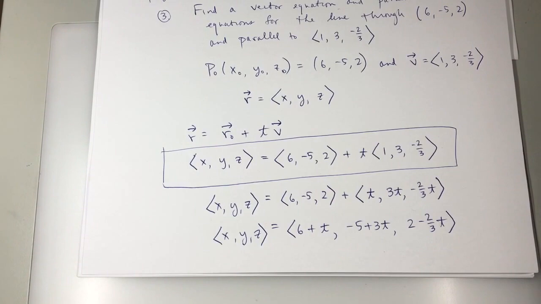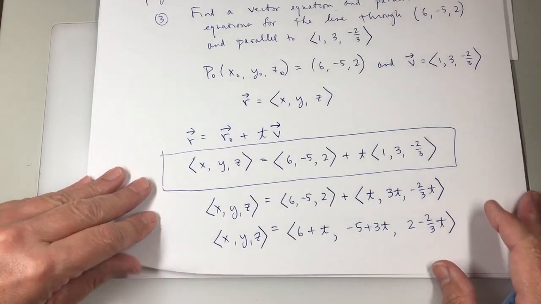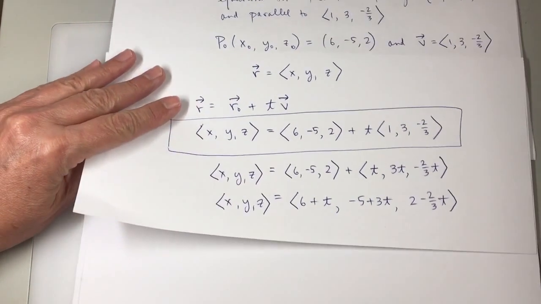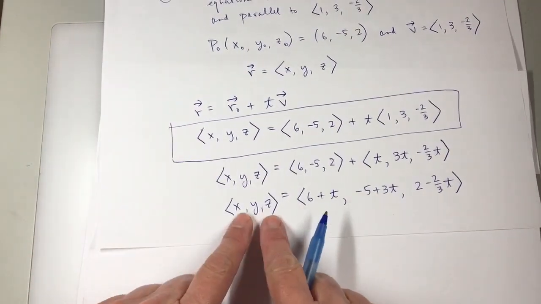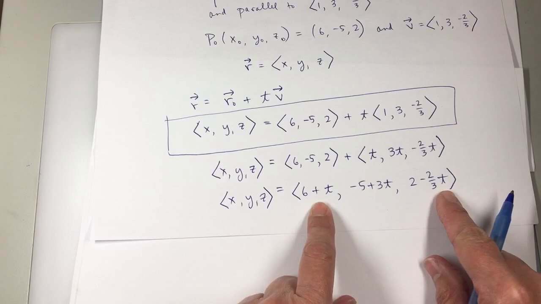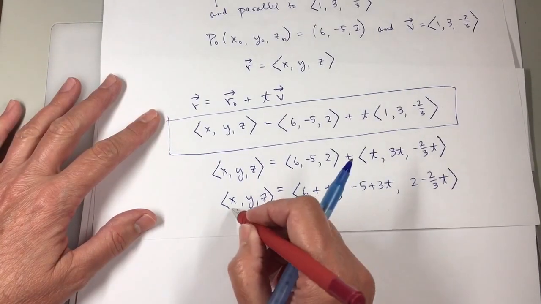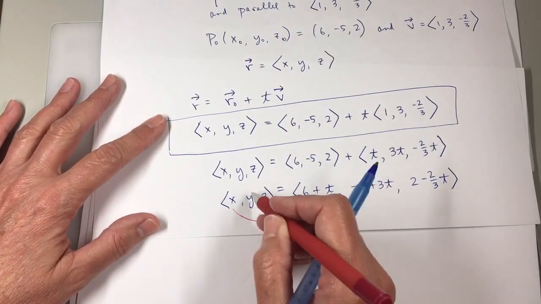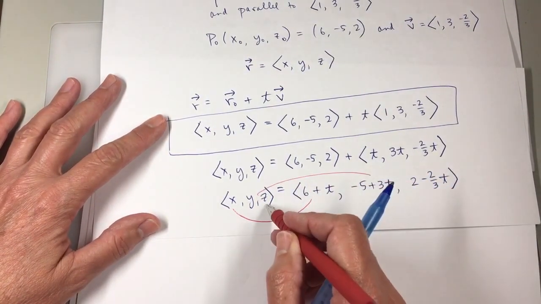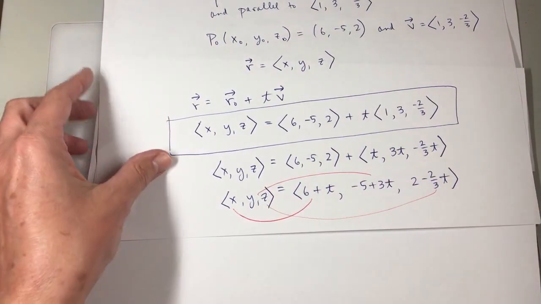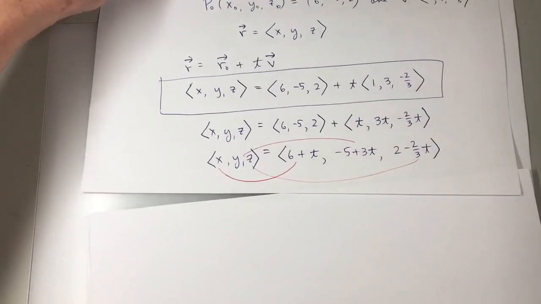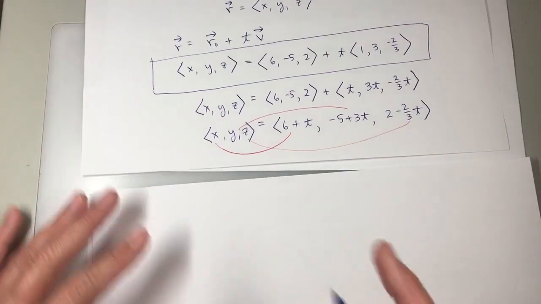And I haven't gotten the parametric equation yet. Now we are about to do that. So I'm looking at what I have here and say, well, vector x, y, z is equal to this vector here. The corresponding components are equal. And that is the parametric form, the parametric equations.